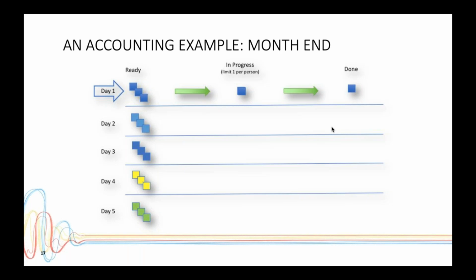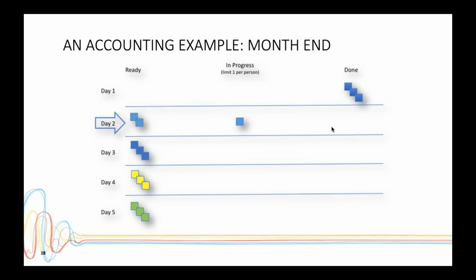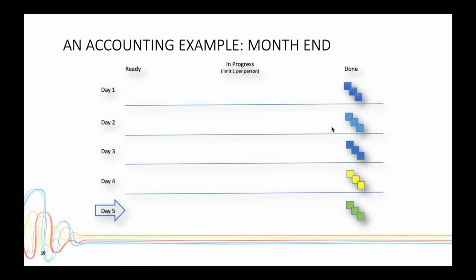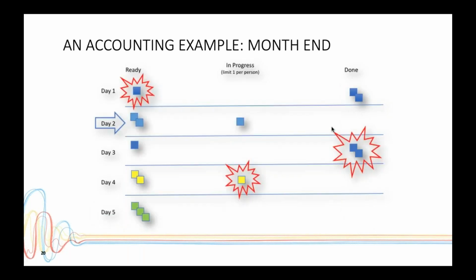And then they would, in sequential order of priority, start to address them on the right day. And once they'd finished it, they'd put it in the done column, and then they would go back and repeat the process until day 1 was done, and they'd move to day 2. And it would move along like this until you get to day 5, and everything would look like that, where everything's in the right-hand column, everything's done. Now, of course, it didn't look like this at all.